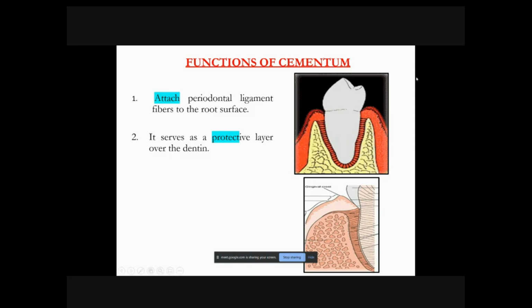I think I explained to you what happens whenever there is gingival recession. Cementum and gingiva both are covering, as part of the periodontium, the dentin, and hence we won't have any sensitivity. And it is also protecting against the masticatory forces as well.